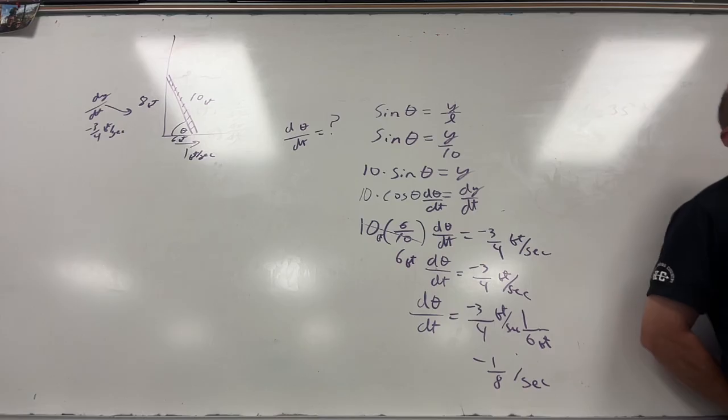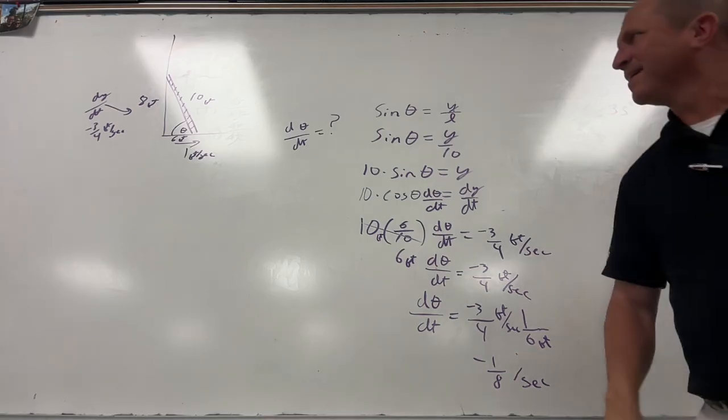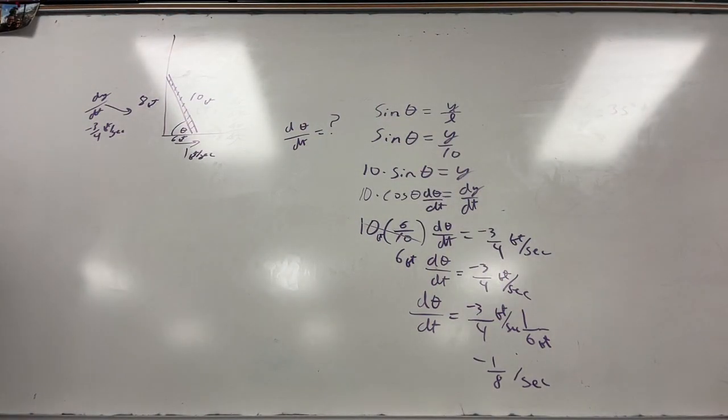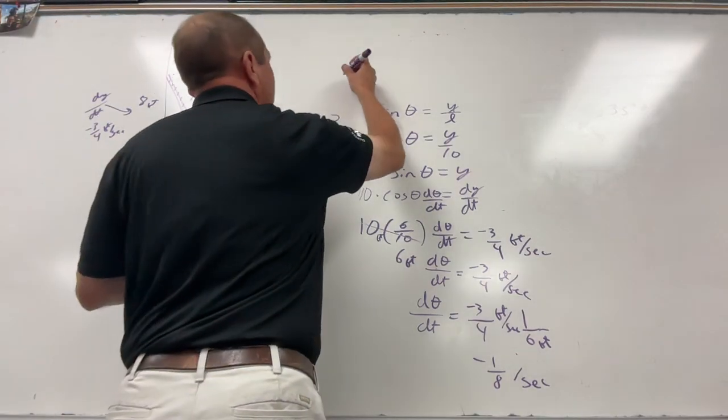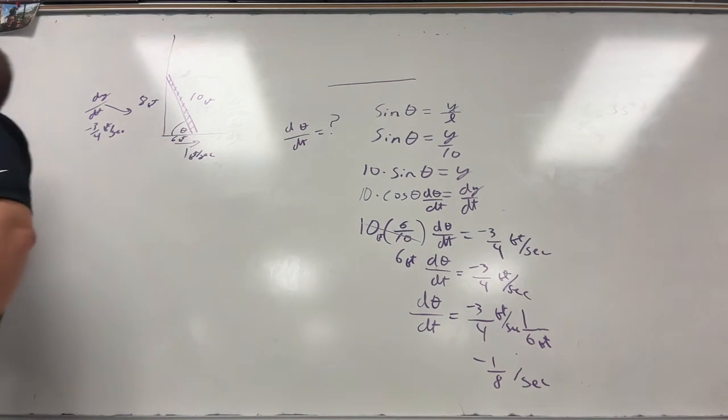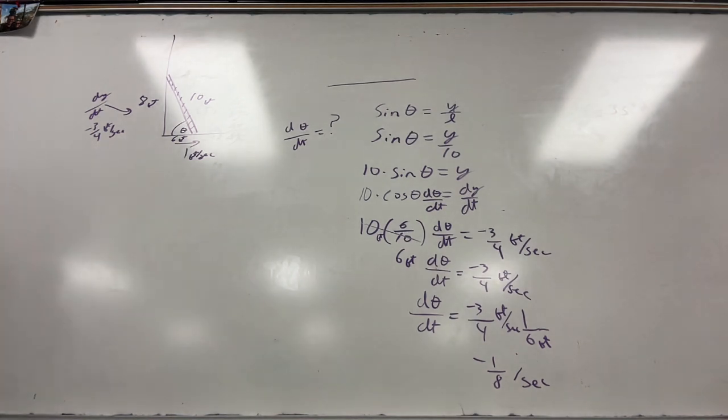It's like a fraction. Could be. In this case, it is. But what is a radian? You learned radians in trigonometry, but what is a radian? Well, a radian is another way to measure an angle. Yeah, another way to measure an angle.